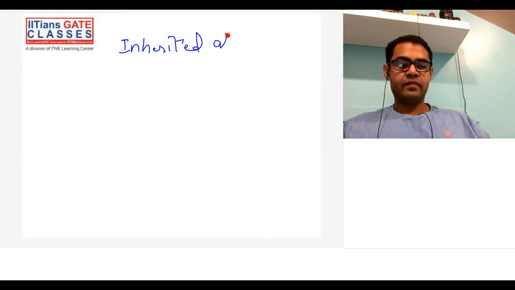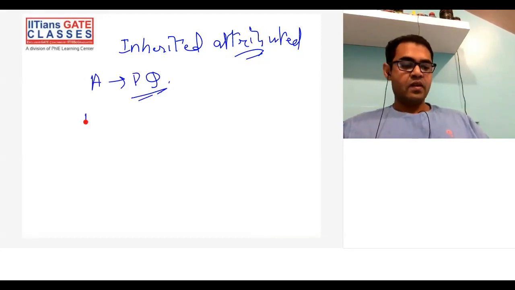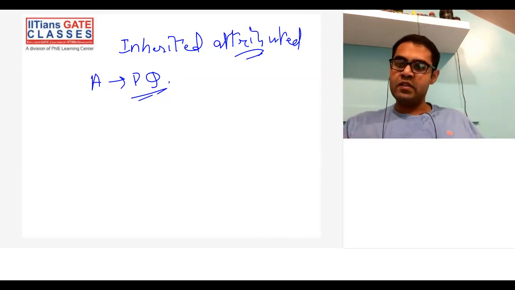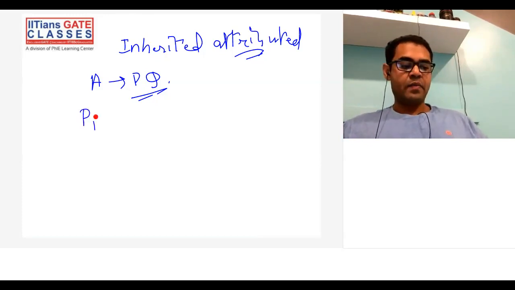Let's see the inherited attribute and we'll see the difference. So in inherited attributes, let's say I again take this production. Okay. So A.I, okay. Now we'll not say A.I. The reason being, in inherited attributes, a non-terminal or an attribute can take value either from its parent or from its siblings. Okay. So that means if I write P.I, P.I can take value from whom?